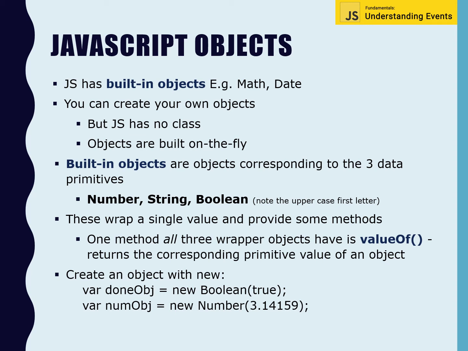Here, var doneObj = new Boolean(true). This means doneObj is an object of Boolean type, and initially it has the value true. Another object is var numObject = new Number(3.14159). Here numObject is an object which follows the Number data type, and initially it has the value 3.14159.